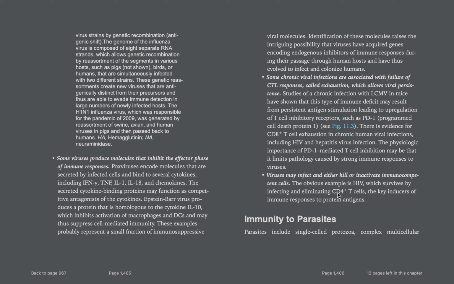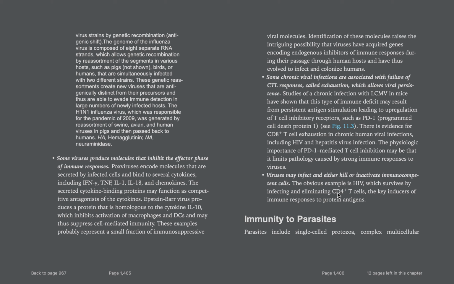Epstein-Barr virus produces a protein that is homologous to the cytokine interleukin-10, which inhibits activation of macrophages and dendritic cells and may thus suppress cell-mediated immunity. These examples probably represent a small fraction of immunosuppressive viral molecules. Identification of these molecules raises the intriguing possibility that viruses have acquired genes encoding endogenous inhibitors of immune responses during their passage through human hosts and have thus evolved to infect and colonize humans.